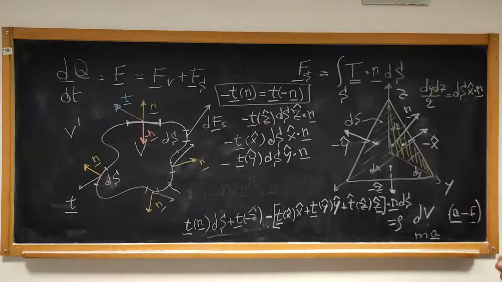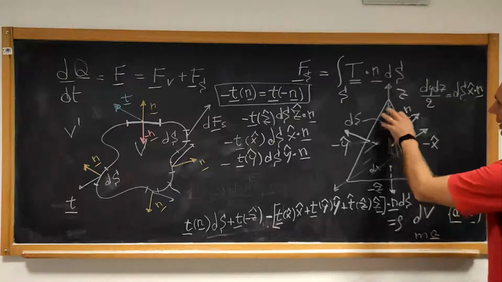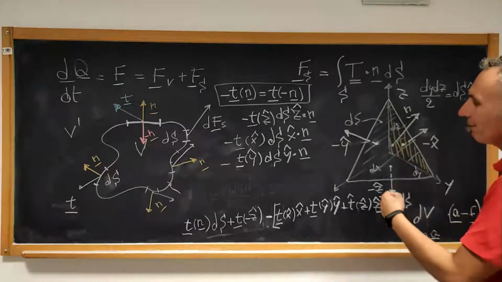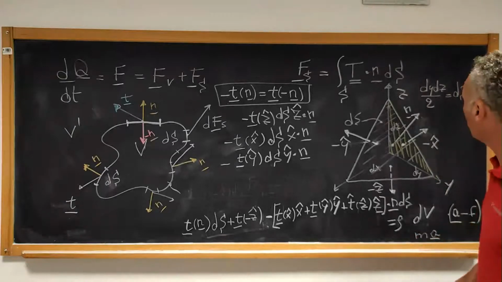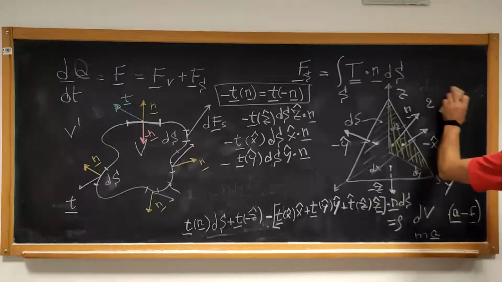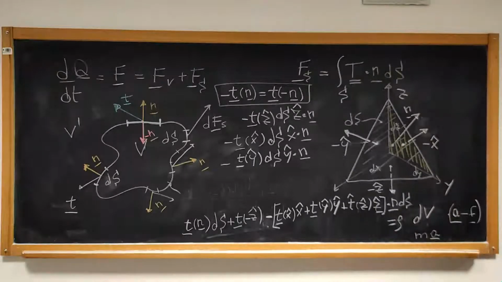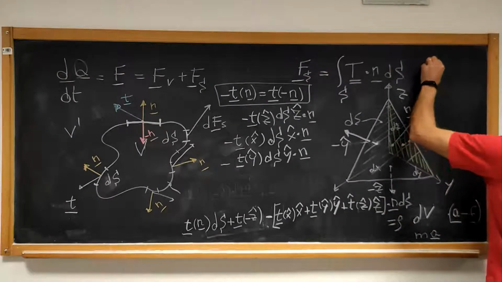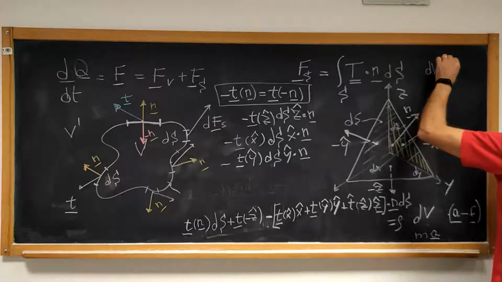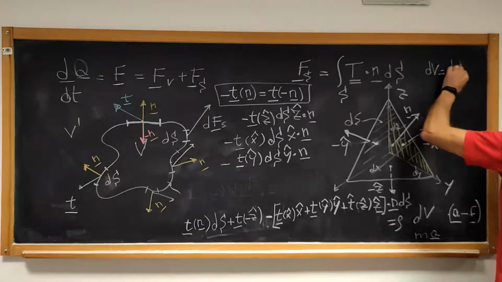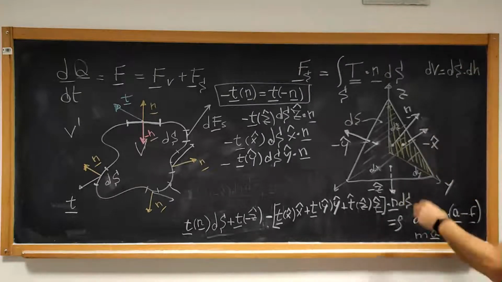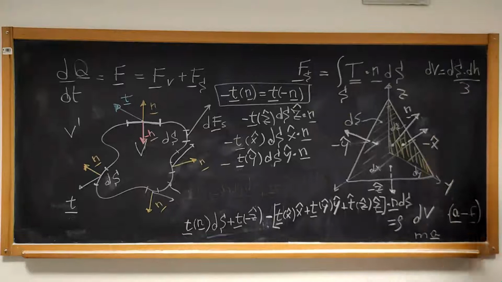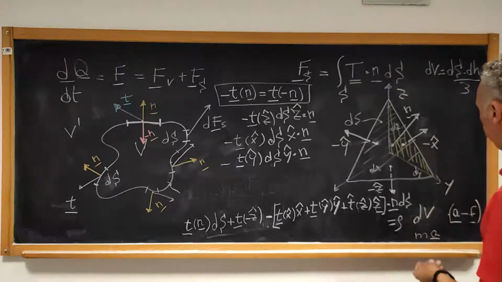Okay. Now, what I can do is to write the infinitesimal volume as the infinitesimal surface. Maybe I can write it here. So the infinitesimal volume, dV, would be the infinitesimal surface times the infinitesimal height of this tetrahedron divided by 3.